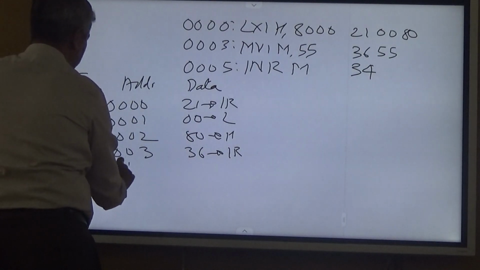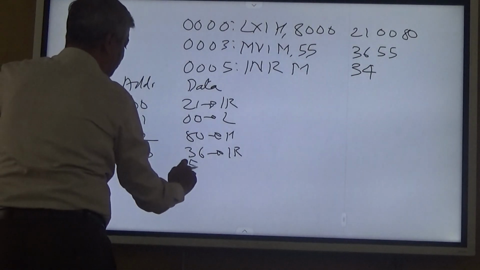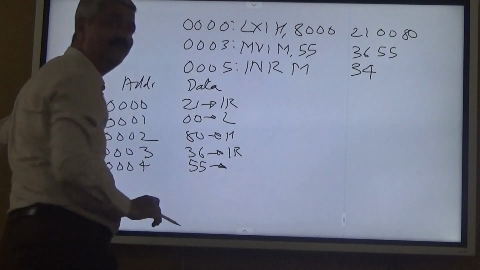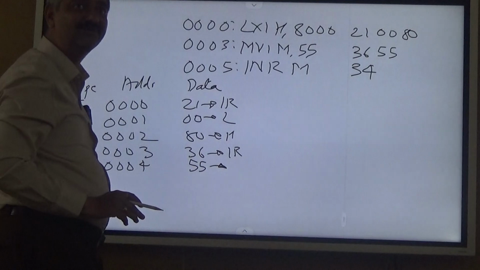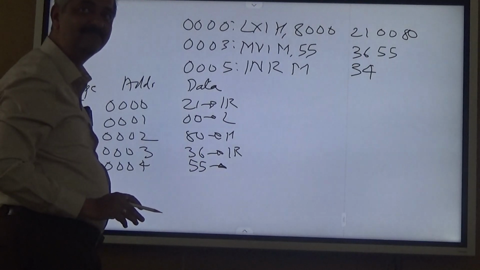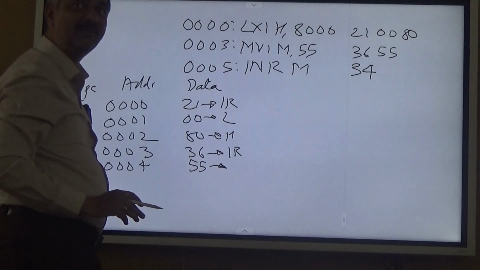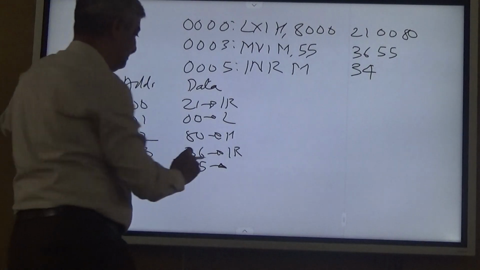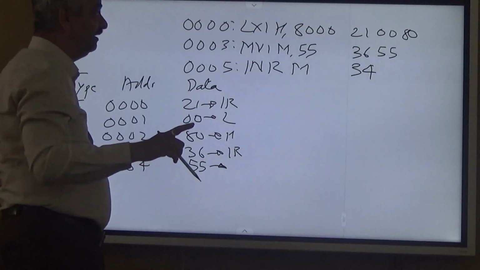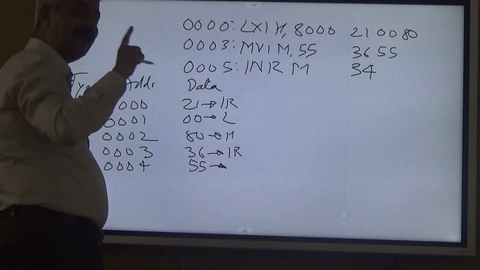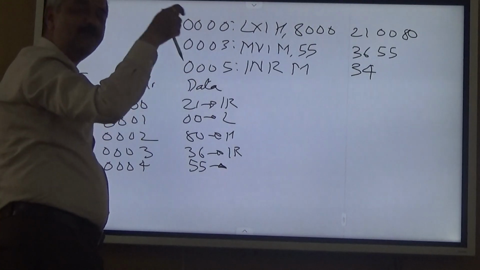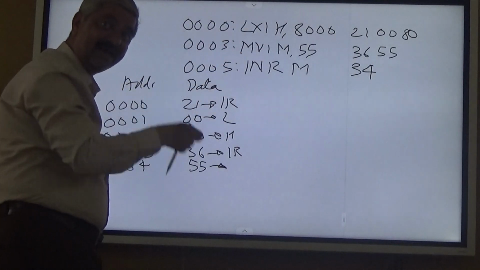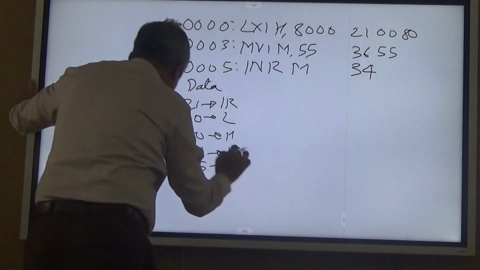Read 0004, 55 goes to Z. What is MVI M? MVI M 55 means write 55 at 8000, that is, write 55 to the memory location whose address is in the HL pair. So this goes to Z.